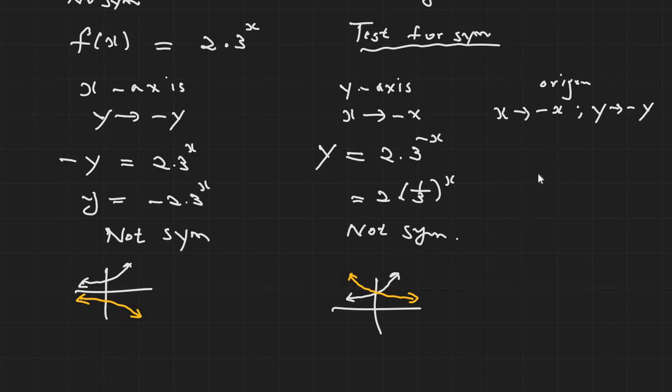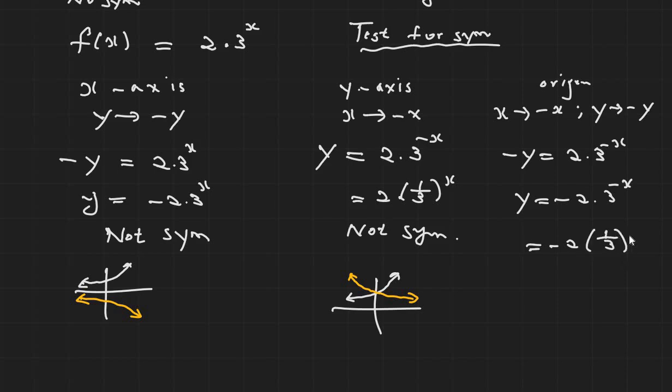Right, and now if you go look at the origin, we do both. So we say negative y is 2 times 3 to the negative x. So y is going to be minus 2 times 3 to the negative x, which again, you can stop there once again, but you can write it then as minus 2 times a third to the x.